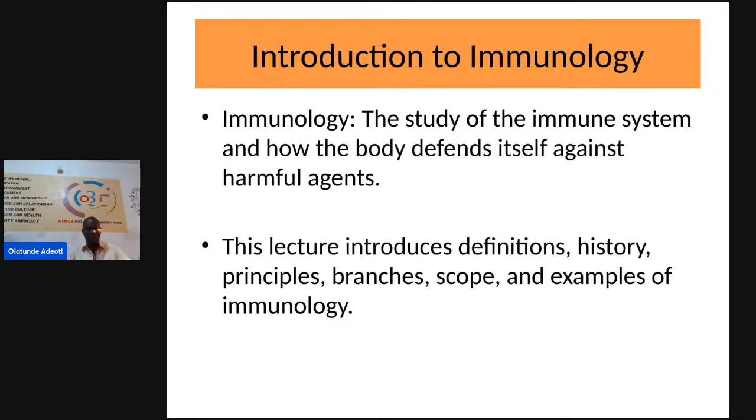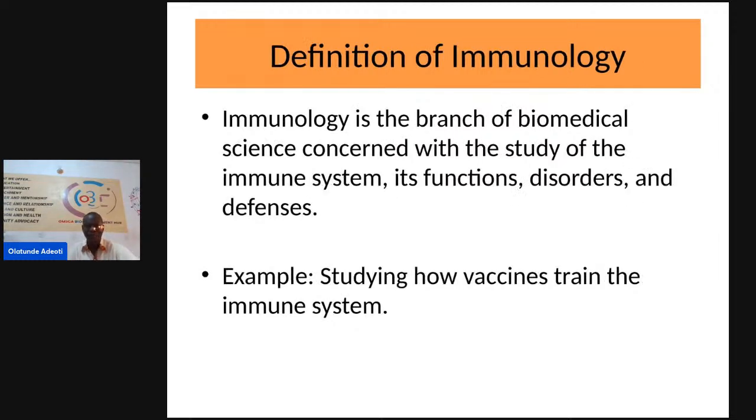How did we come about immunology? We look at history. We look at vaccination. Then we will look at the branches of immunology, the scope, and round it up with examples of immunology.